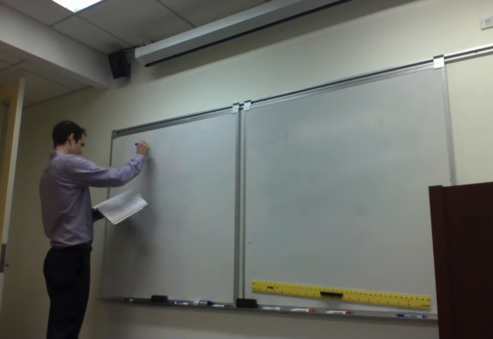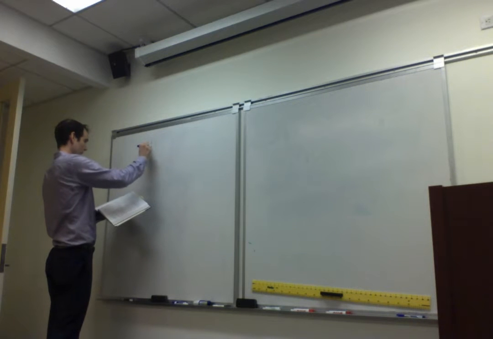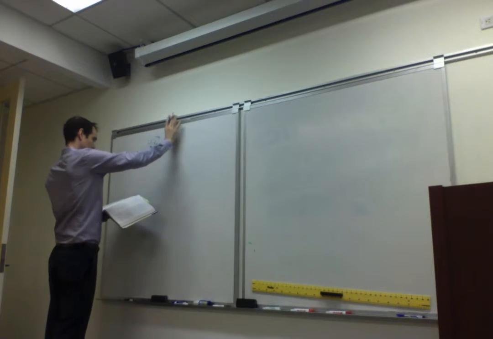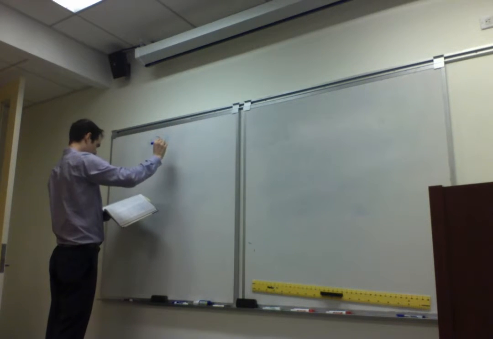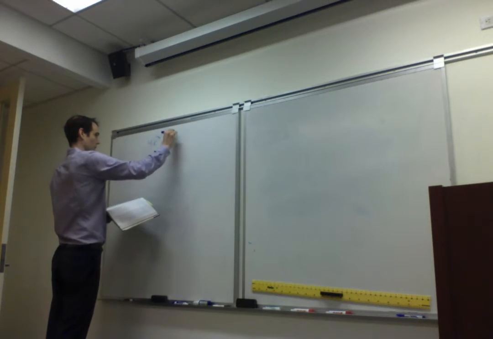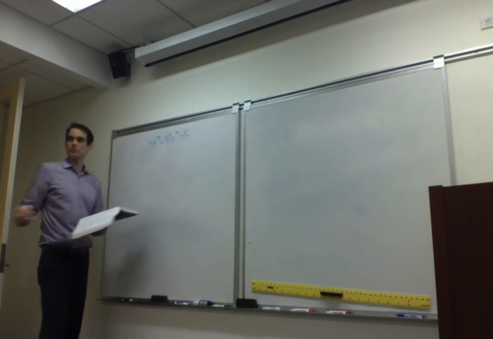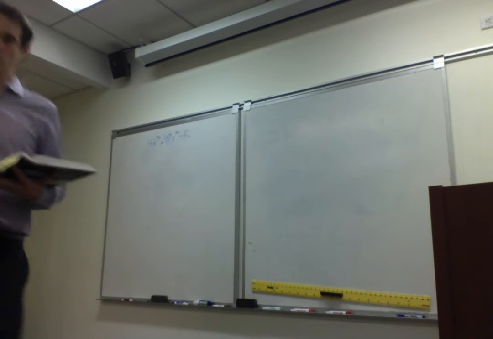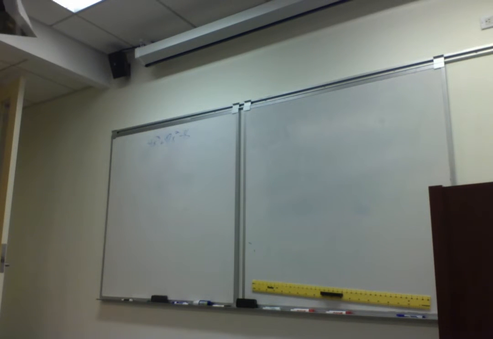Okay, number 5, it's 4x to the third plus 9x squared minus 8. Does everyone get that? Yes. Fantastic. Okay, so let's do number 15. 628, number 15.